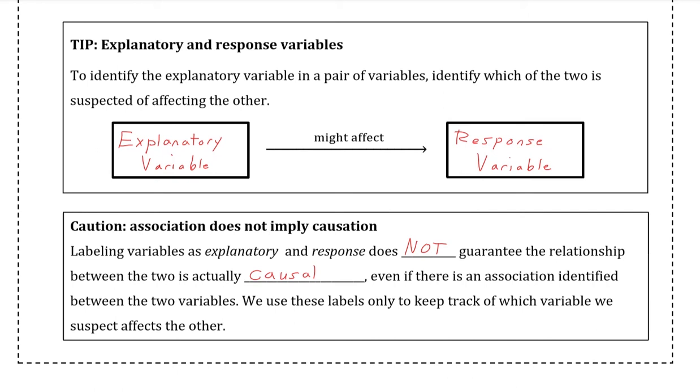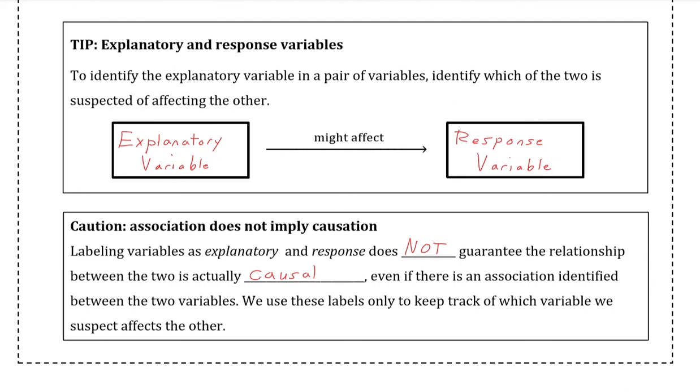We use these labels carefully only to keep track of which variable we suspect affects the other. Keep in mind that we are not guaranteeing that there is a cause and effect relationship. This is why we do not label these as cause and effect variables.